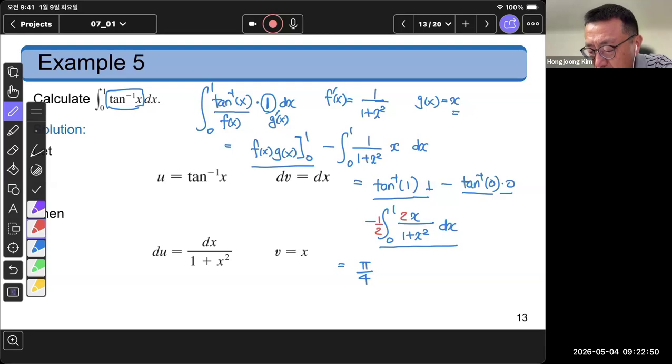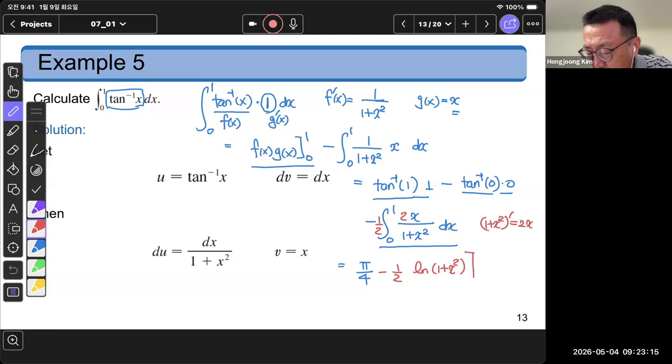And since this 2x is the derivative of 1 plus x squared, the integral on the right hand side will be the log of 1 plus x squared. If you differentiate this, you get 2x over 1 plus x squared.